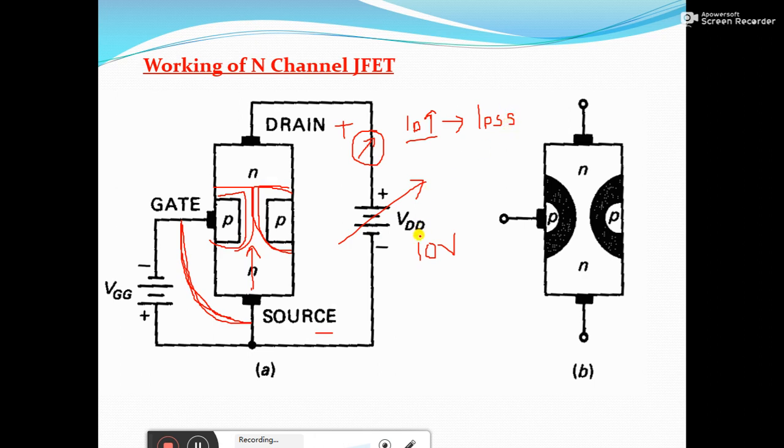After that, even if the VDS value is further increased, since the channel is almost closed off, you won't see a further increase in the ID value. It achieves the saturation value, the maximum value, that is IDSS.